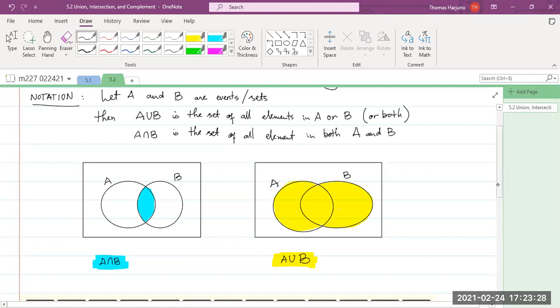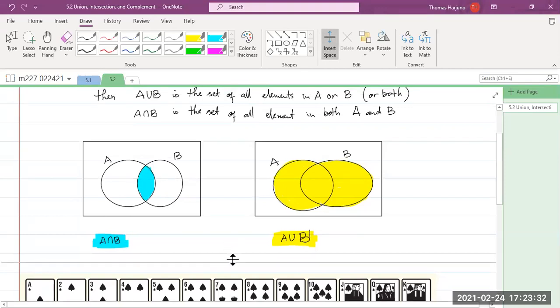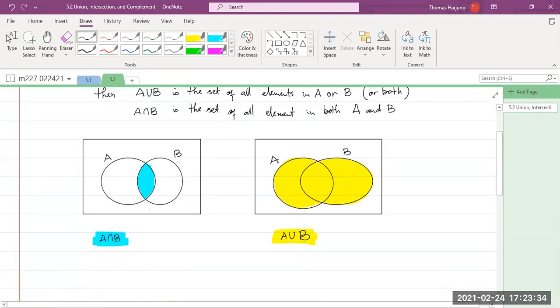Now as you can see from here, let me give myself more space. Notice that A intersection B must be part of A. This is the set A. Now notice that the intersection must be part of that circle.